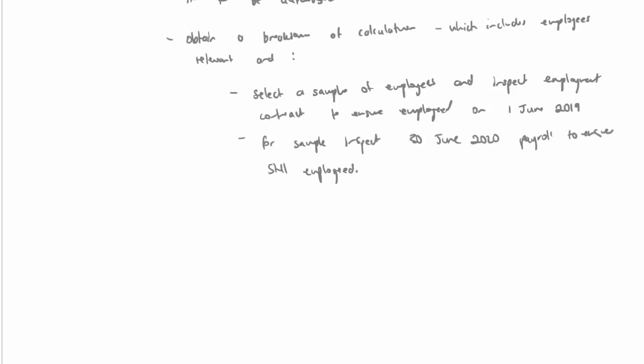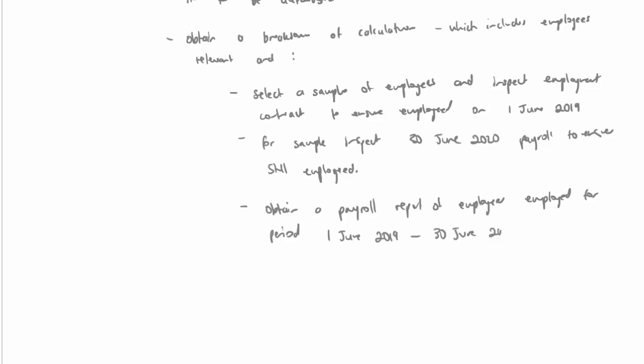So I'm going to say, obtain a payroll report of employees employed for the period 1 June 2019 to 30 June 2020, and inspect that all of these employees are included in this breakdown.